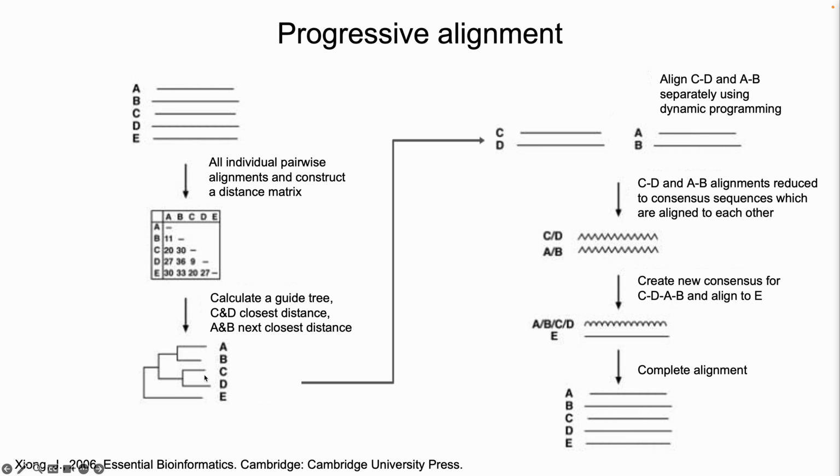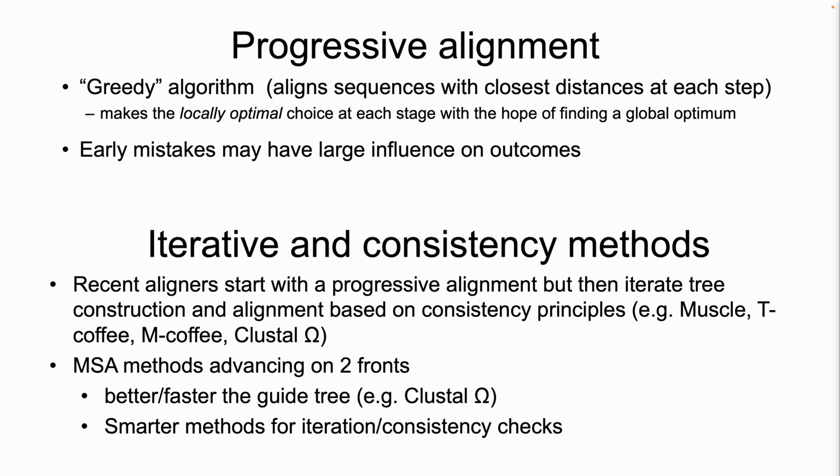If that's a mistake, then that mistake, building the consensus, just percolates all the way through, and you don't end up with the optimum at the end, okay? You don't know you didn't end up with the optimum, but because it's a greedy algorithm, you should be sort of skeptical about its ability to find the optimum, okay?